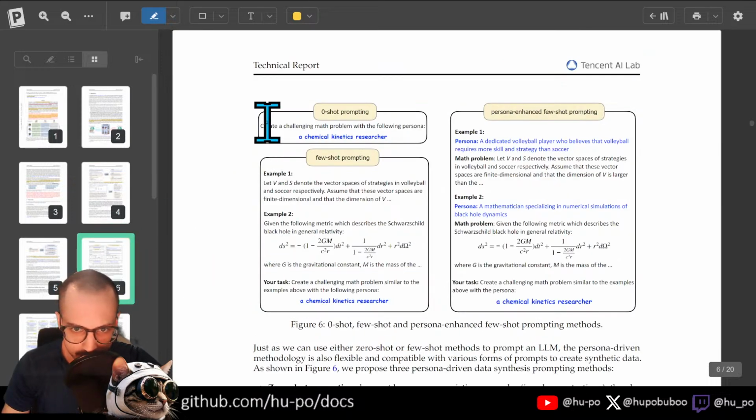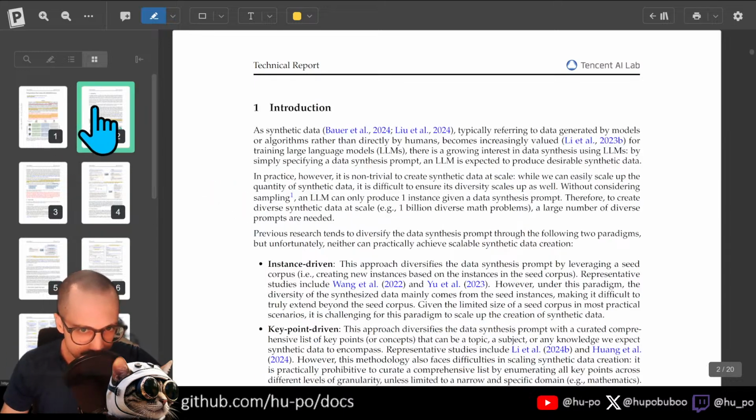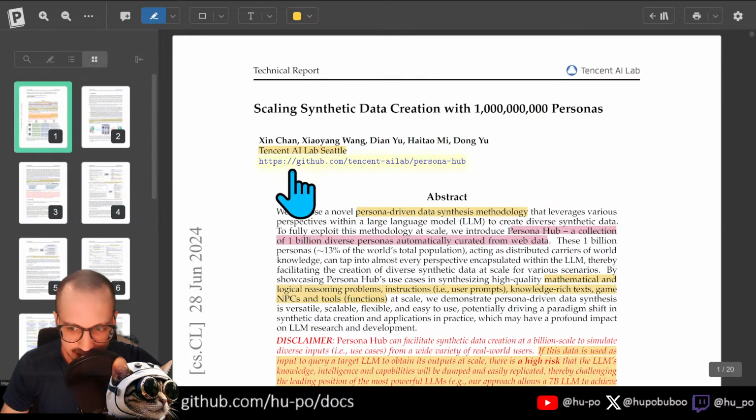So here's an example. Create a challenging math problem with the following persona. And then you just plug in one of these billion personas and you'll get a unique math problem from a different perspective. So kind of a crazy idea, but it seems to work quite well. And they apply this kind of persona augmentation for things like mathematical and logical reasoning problems, instructions, texts, game NPCs, tools, and so on.